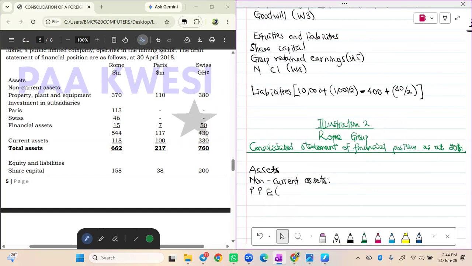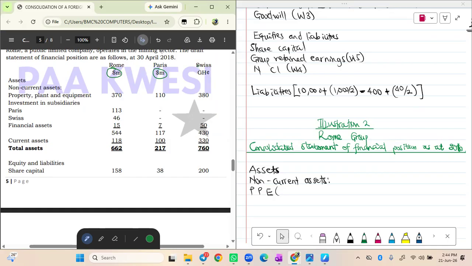Even for the parent, you pick that of the parent. So for the parent and one of the subsidiaries, Paris, their presentational currency is dollars. But if you take the second subsidiary, Swiss, its presentational currency is in cedis.